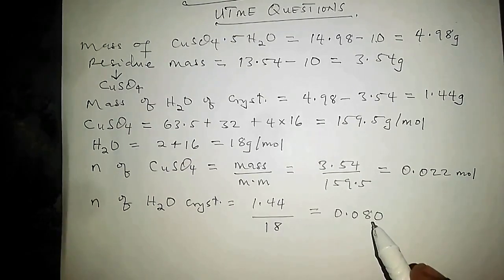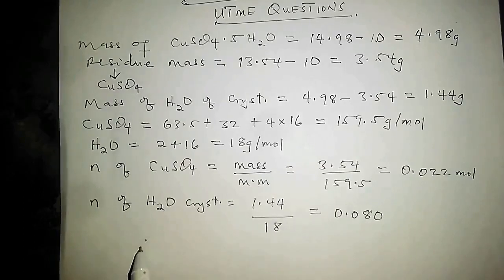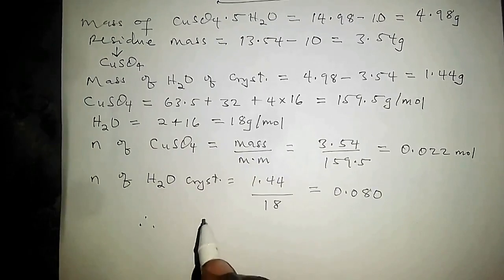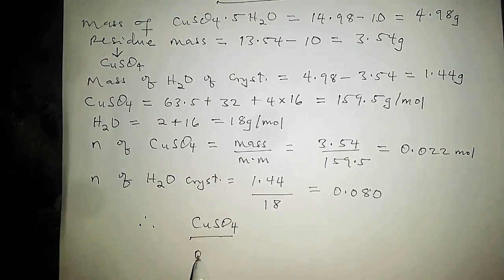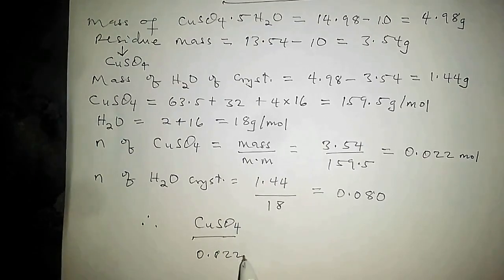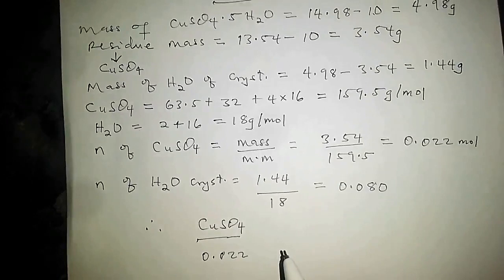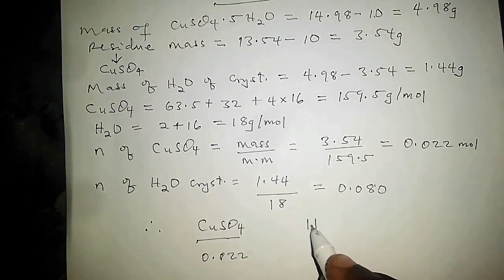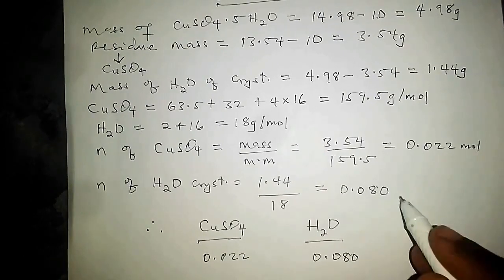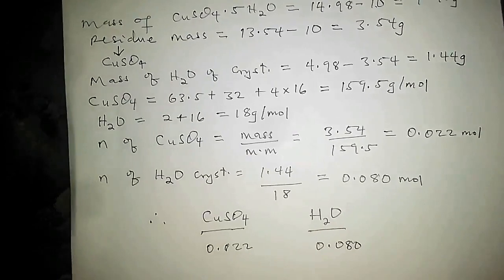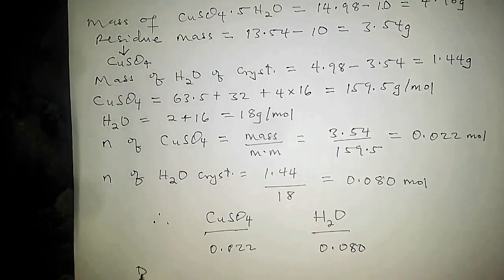0.080 mole. Therefore, the number of moles of anhydrous copper(II) sulfate is 0.022, and the number of moles of water of crystallization is 0.080. So we divide the ratio by the smallest.